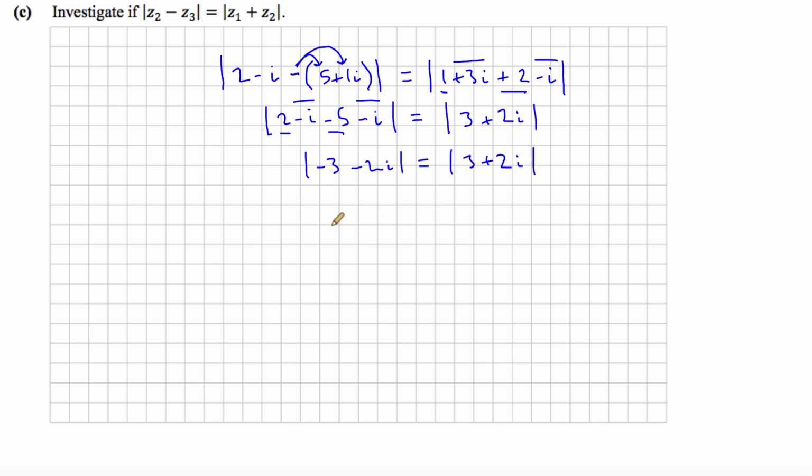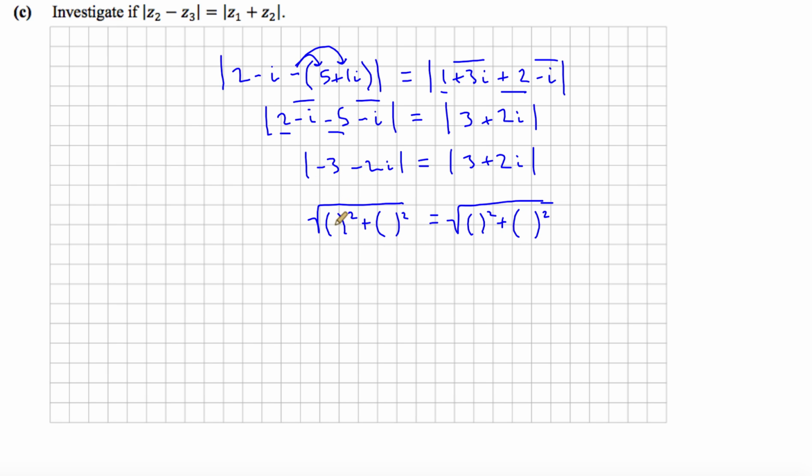But what is the modulus? Well, the modulus is the distance from the complex number to the origin. And the way we can find this algebraically is by using Pythagoras. So the formula for this would be the square root of the real part squared plus the imaginary part squared.